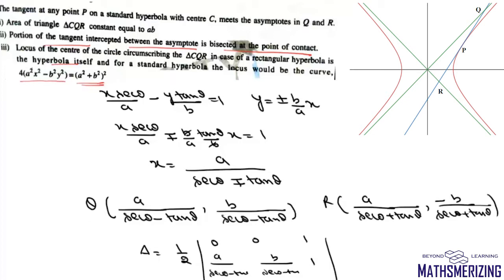Now for the circle circumscribing CQR, for this question what we'll do is we'll say secant theta minus tan theta is t. Secant theta plus tan theta will be 1 upon t. So we can write the coordinate of Q as a upon t, comma b upon t, and we can write the coordinate of R as at, comma minus bt.